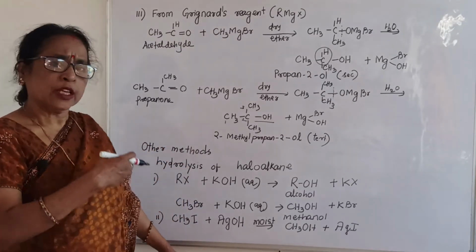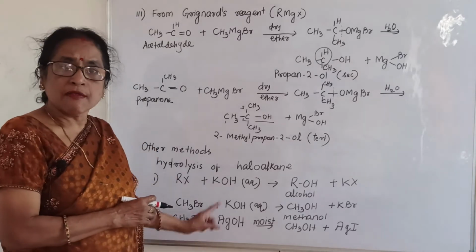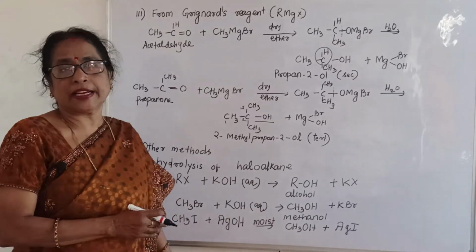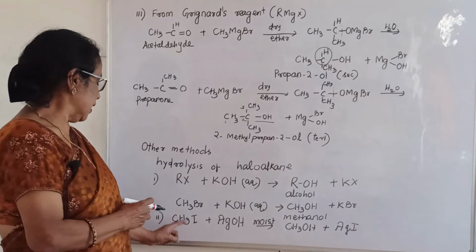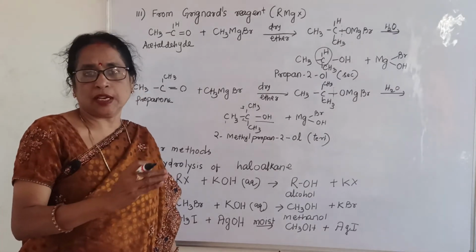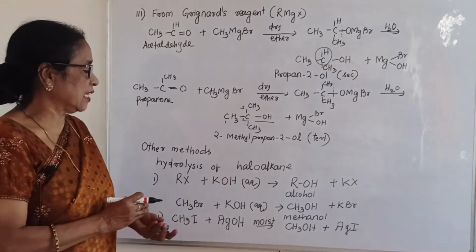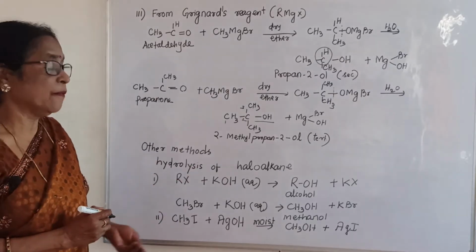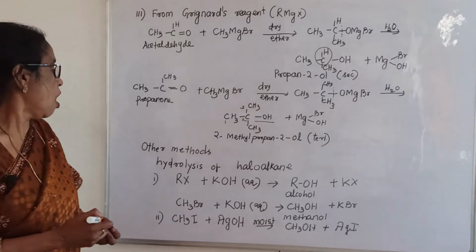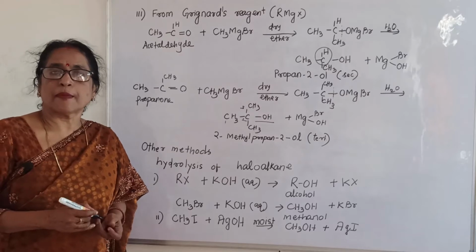And especially you should remember AgOH always reacts with iodide, whereas aqueous KOH always reacts with alkyl bromide. Similarly, alkyl iodide with moist AgOH, alkyl bromide with aqueous KOH, and these are the different types of alcohol produced. After that we will also see other types of hydrolysis, how you can get different types of alcohol.